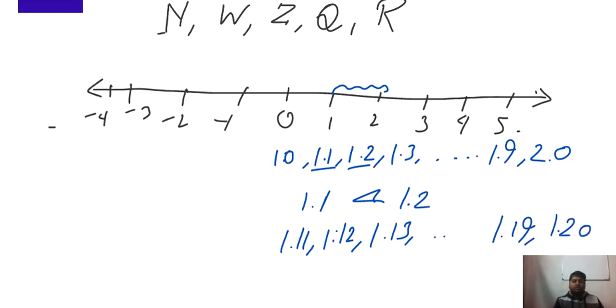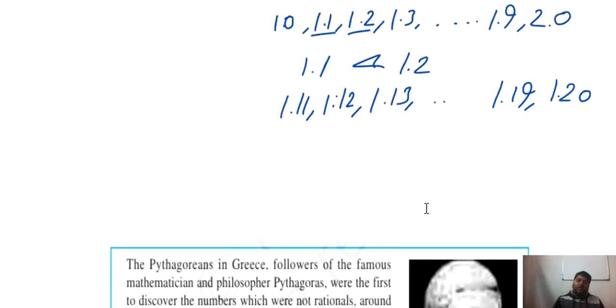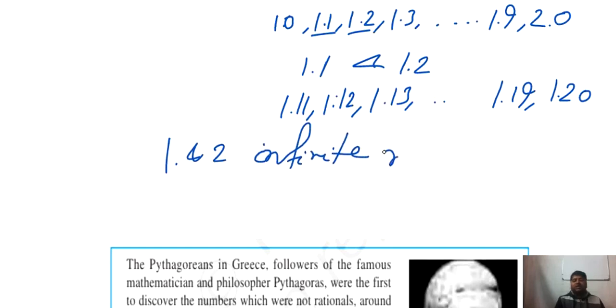So between 1 and 2 we get an infinite number of numbers, an infinite number of real numbers.